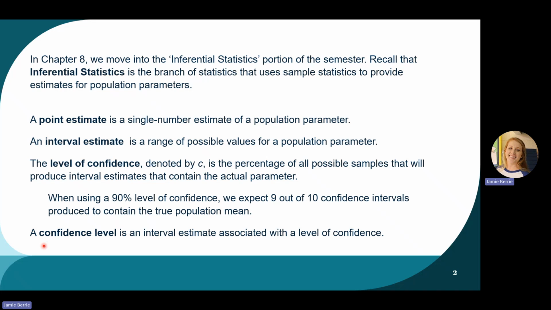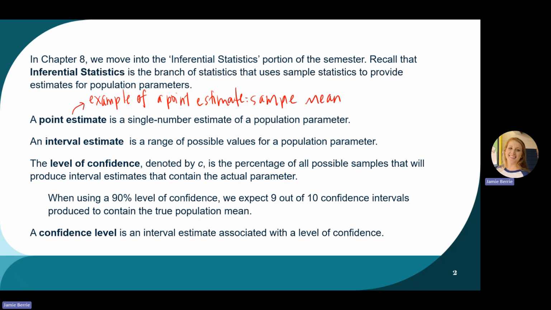All right, so a couple of definitions here. A point estimate, that's what we've been doing. We've been calculating point estimates like the sample mean, right? An example of a point estimate is the sample mean.